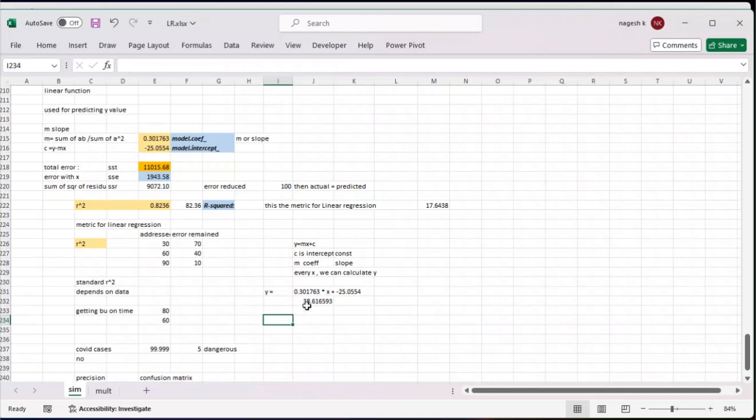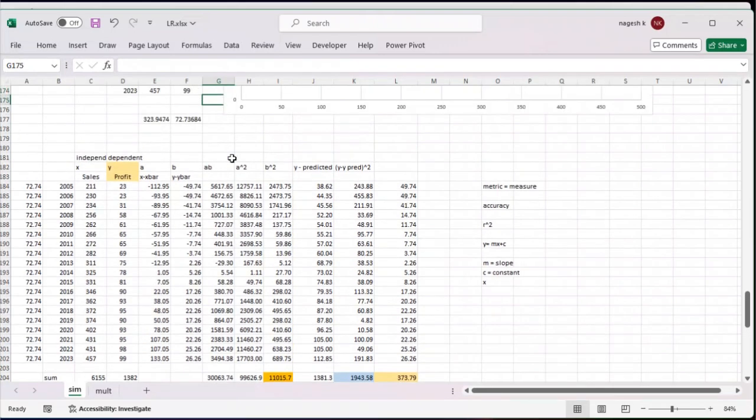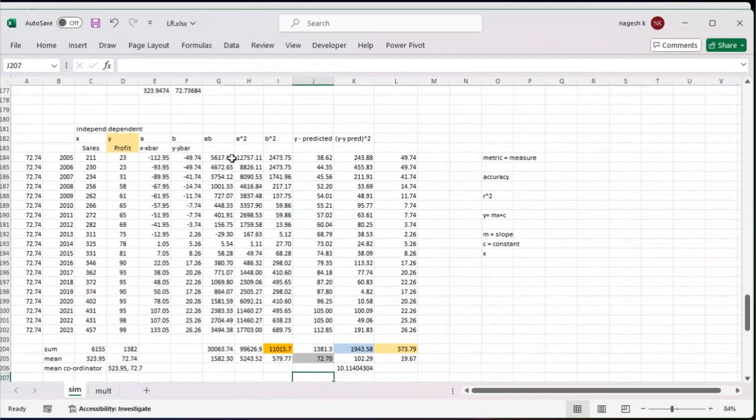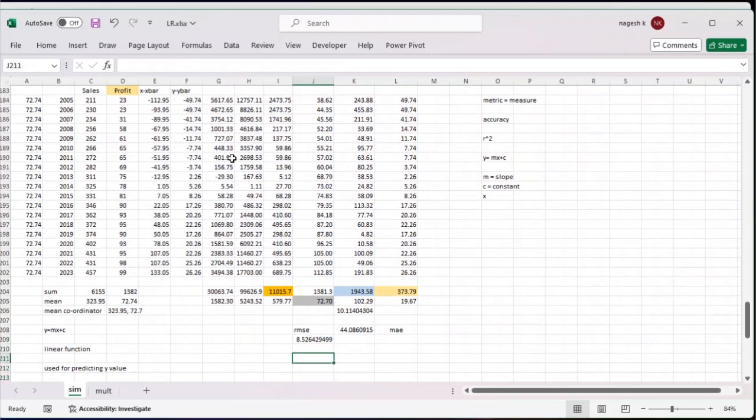We have built a model based on a mathematical equation using linear regression, and this is giving a y value for each and every x. See how near this value is to the actual. Let us see the actual values. This is our prediction. So there is an error, right? The profit actually is 23, but how much did we get? 38.